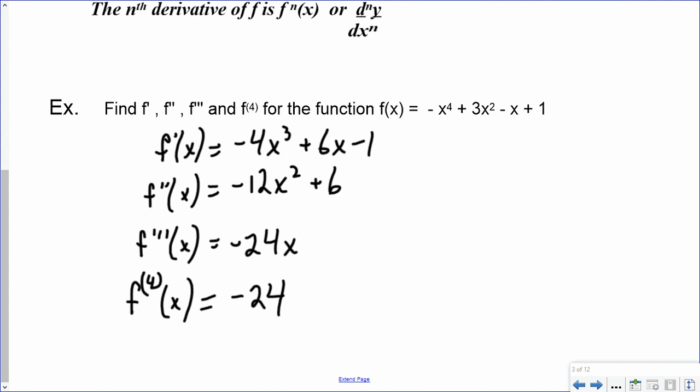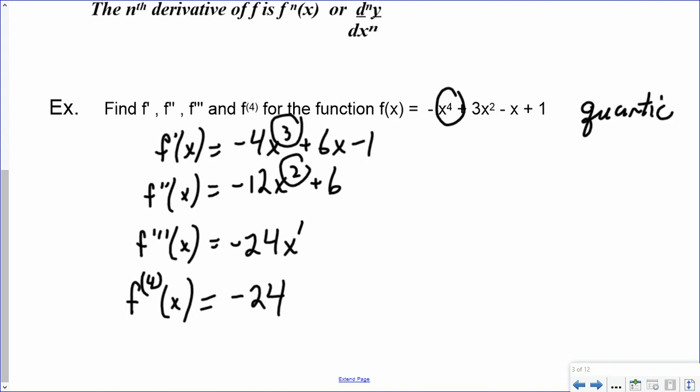Notice a couple other things too, and that's the change in degree here. If a function is degree 4, or quartic, the first derivative is cubic, the second derivative is parabolic or quadratic. Then we've got a linear function, that would be degree 1, right? And then we've got a constant. So what did I say, if I remember my advanced functions?